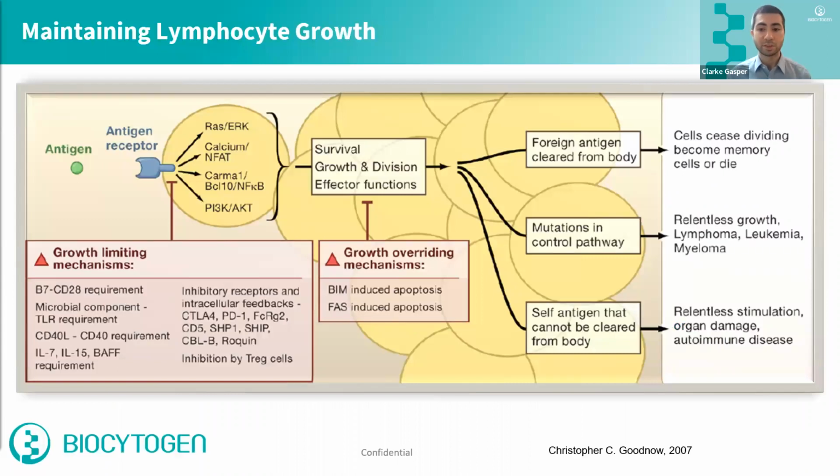In the immune system, responses to antigens, both self and foreign, are tightly controlled in a healthy individual, dictating survival, maintenance, and growth of immune cells. After a foreign antigen is recognized and removed, these cells normally stop dividing and become memory cells or are cleared from the body.